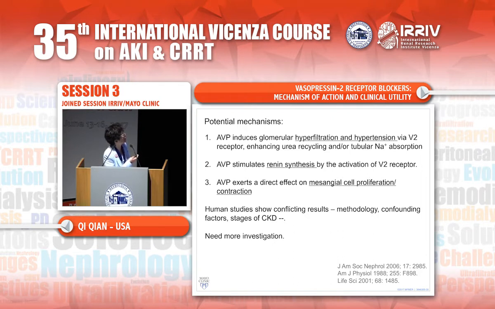This seems to be unique to going through the vasopressin V2 receptor. AVP stimulation is also known to activate the renin-angiotensin system cascades, which could initiate RAS-mediated long-term effects. AVP exerts direct effects on the mesangial cells, causing mesangial cell proliferation and contraction, which could potentially be another element that contributes to CKD progression.